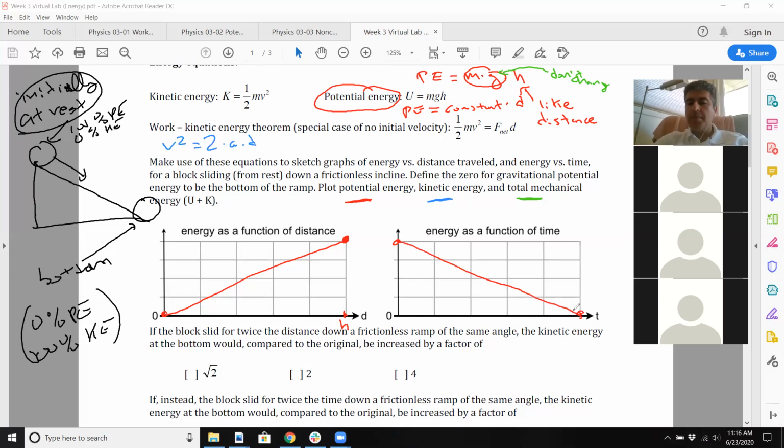You're talking about on the right side. Yes, initially it's all potential. By the time this is going to be the time it takes to reach the bottom of the ramp.